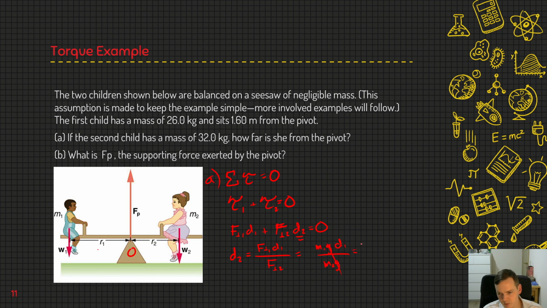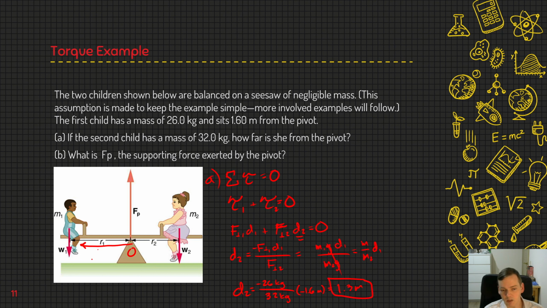The g's can cancel, so we get m1 over m2 times d1. So d2 is going to equal, and there should be a negative here, because I had to subtract the F1 parallel over. Now, we notice that child 1 is in this leftward direction, so I'm going to call that negative. And so we'll get 26 kilograms divided by 32 kilograms times negative 1.6 meters. And that will give us a final value of 1.3 meters.